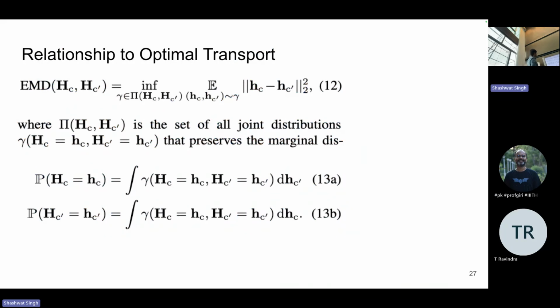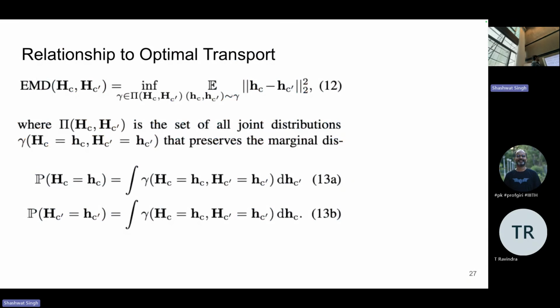For a more theoretical grounding to this stuff, there's another thing that this is related to: optimal transport. Just to recap on what OT is, we have the Earth mover's distance, and it is defined as essentially finding the joint distribution that preserves two marginal distributions such that this expectation is the smallest possible, right?